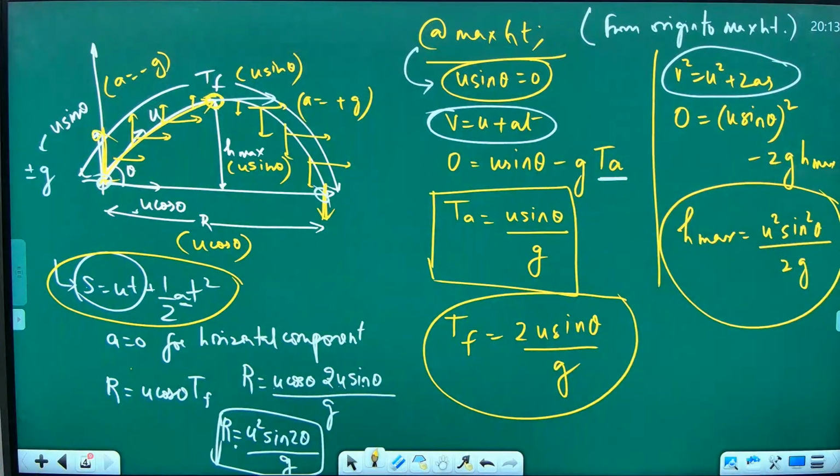G you can take 10, or 9 point something, whatever you want to take. Obviously, yes.